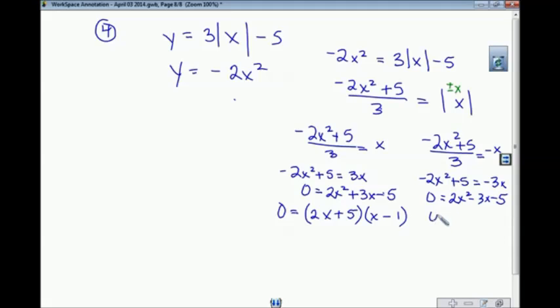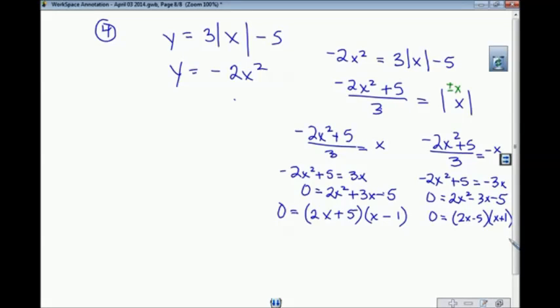And this is going to factor the same way, except I think we're going to switch our signs up. So it becomes 2x minus 5 and x plus 1. Okay, did yours factor like mine?